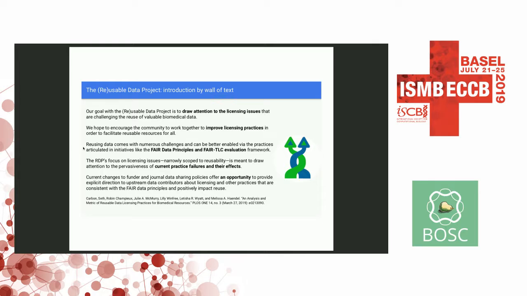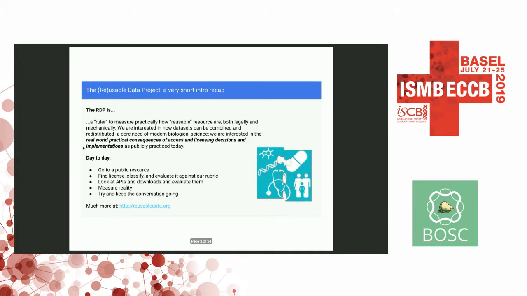So that's sort of formally what we're trying to do, but on the ground, what we're trying to do with the Reusable Data Project is to create an objective metric to look at how licensing is actually being done by resources in the real world every day.